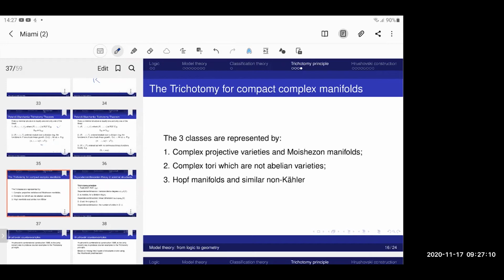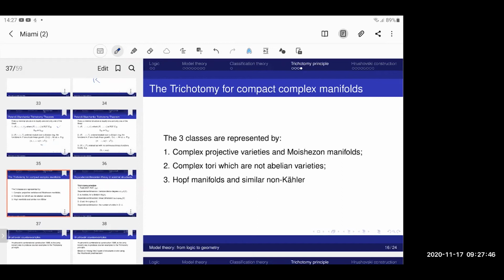So the three classes that the principle lays out here would be of this kind. The first class, where you can recover a field, is complex projective varieties and a little bit more complicated thing, which is Moishezon manifolds.